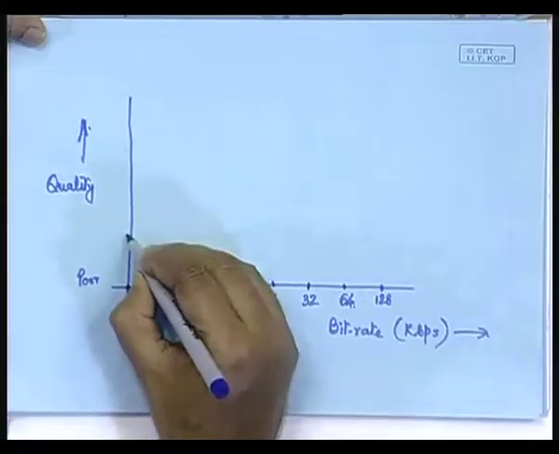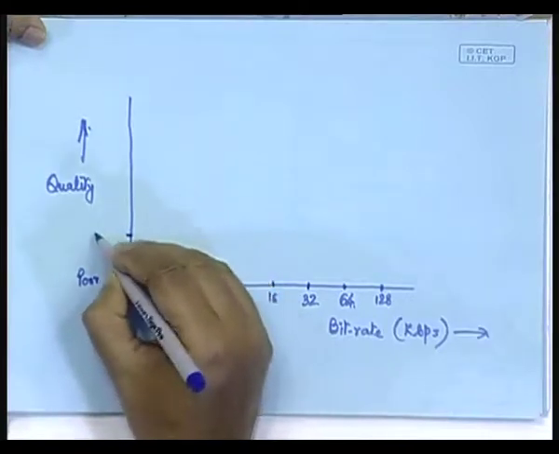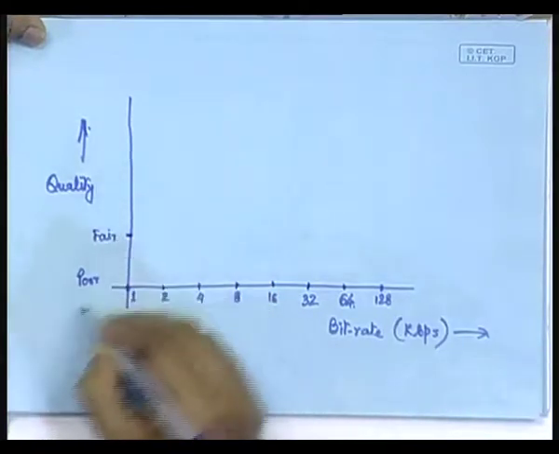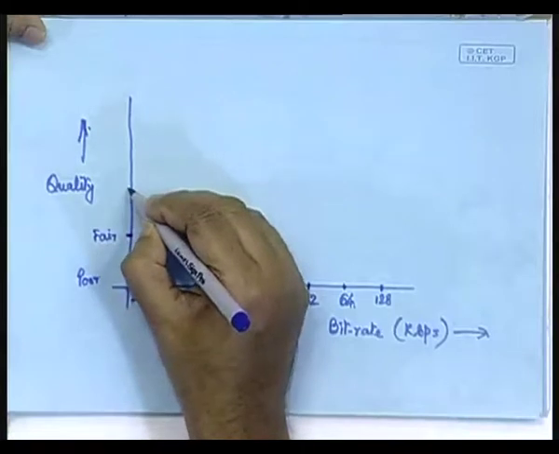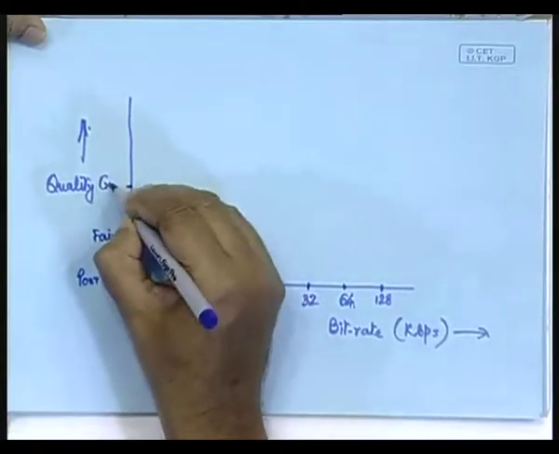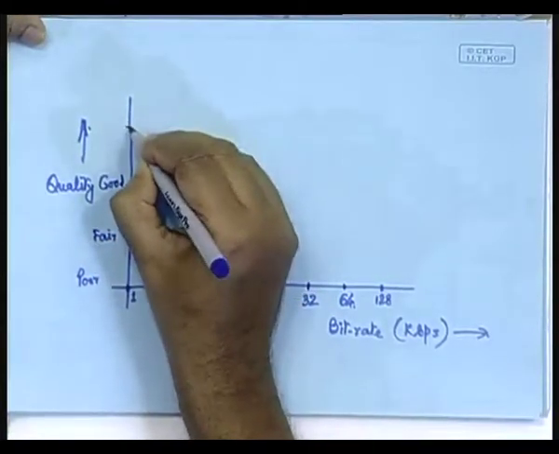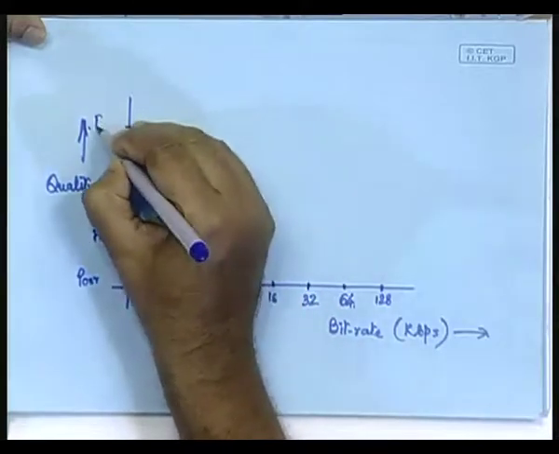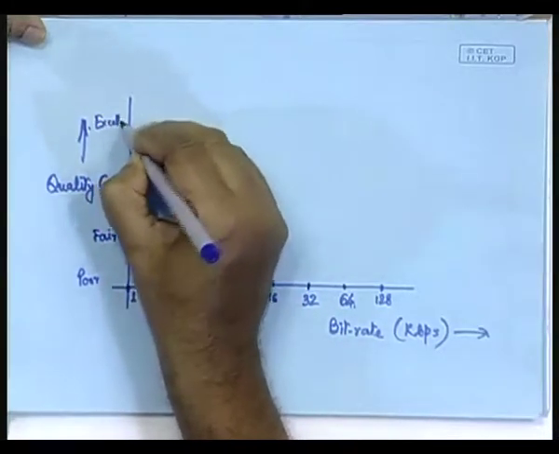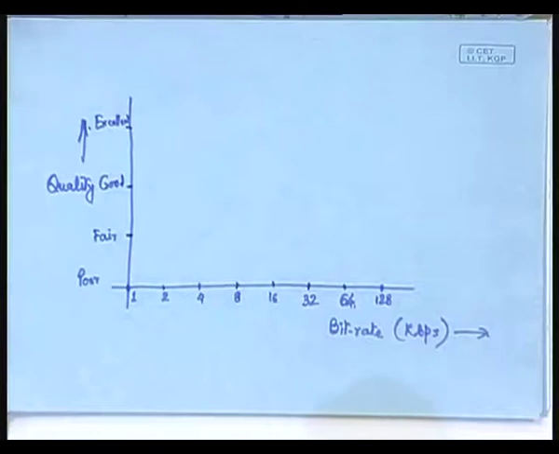So, like that you have some kind of subjective assessment, and you have it as a scale of poor, which is the lowest, fair, then good, and at the highest level excellent. Definitely what we are trying to do is to reach excellent.